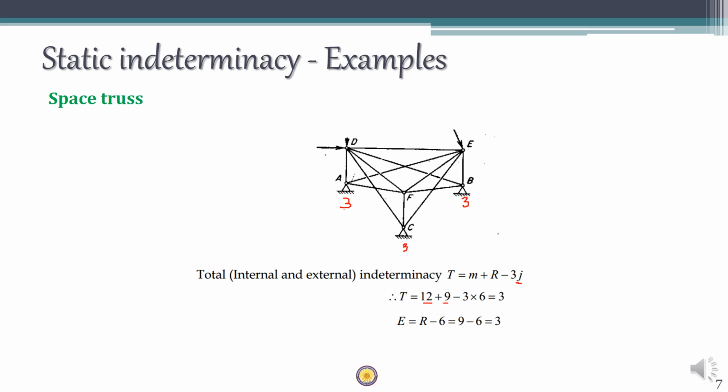So substituting, ds is equal to m plus r minus 3j, which accounts to 3, and external indeterminacy, if we calculate r minus 6, so 9 minus 6 is 3, which means that internal indeterminacy is 0.